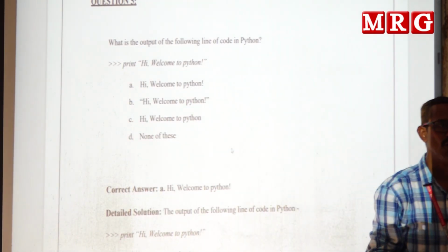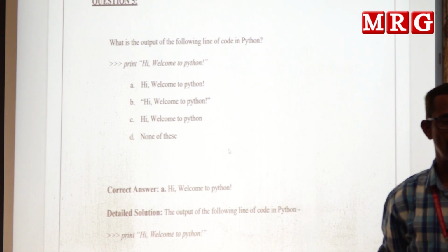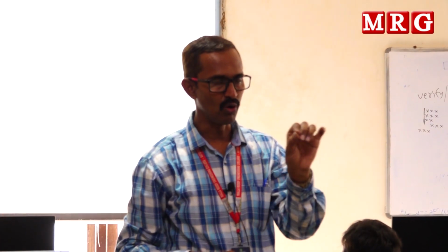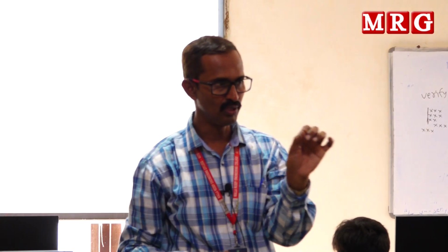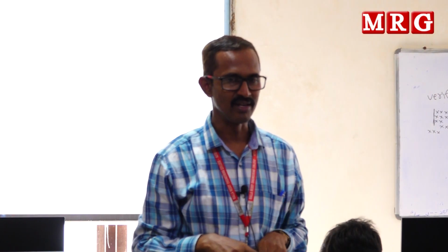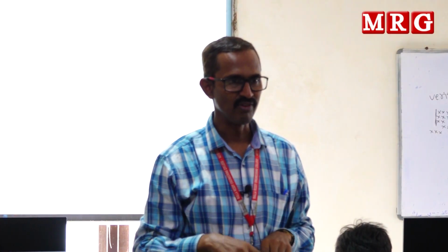Just check in Google Colab. Any small Python program you want to test, go to Google, simple. Within no time you can check the output. Just type Google Colab. It will open the Python editor directly from the cloud.